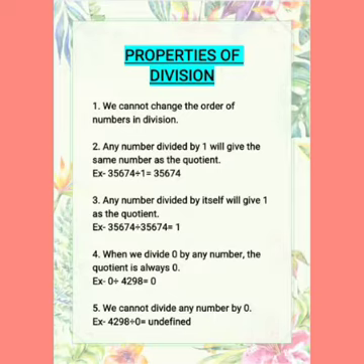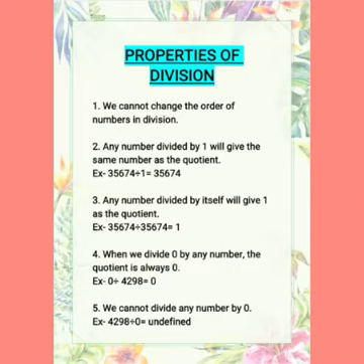Property number 3, any number divided by itself gives 1 as the quotient. For example, 35,674 divided by the same number, 35,674. So the quotient is equal to 1.